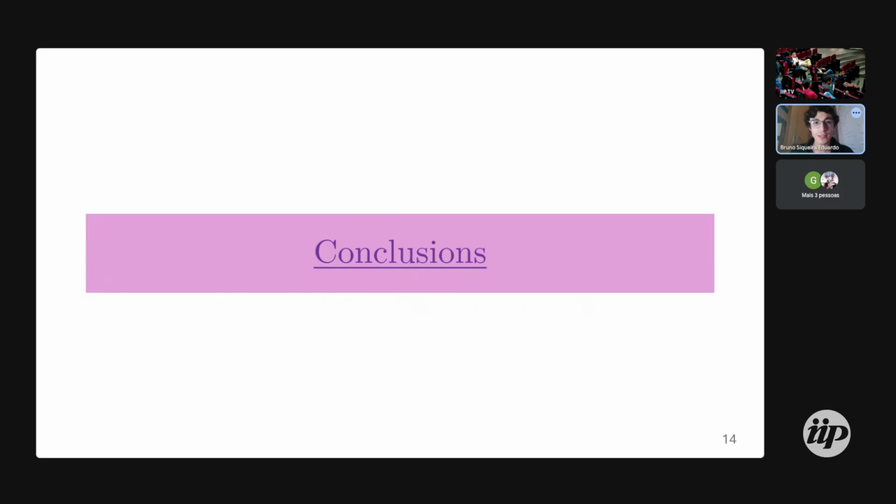And the EFTs can serve as a true guide to UV completions. And we generalized the formalism to higher spin particles. So the formalism is more applicable to do phenomenology.